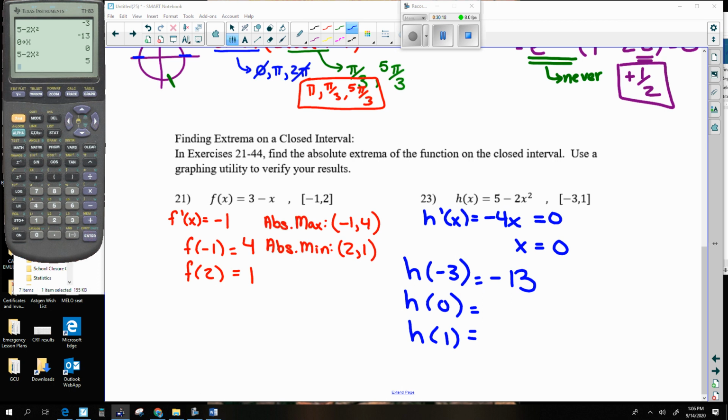Comes out as 5. And then 1. Comes out as 3.